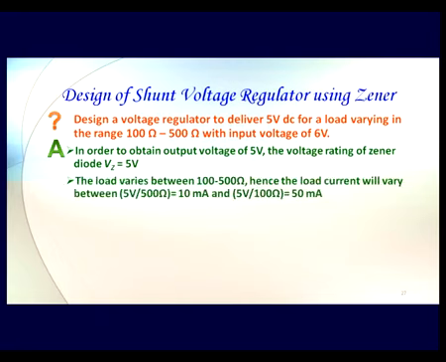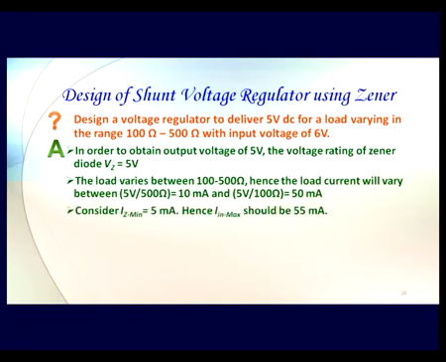Now I have to calculate my load current. When I have a load of, say, 500 ohms, then 10 milliampere current will flow through my load. 5 volt upon 500 ohm is 10 milliamperes. But if my load resistance reduces to 100 ohm, then 50 milliampere current is going to flow through my load. I have to cater for the maximum current that I require.